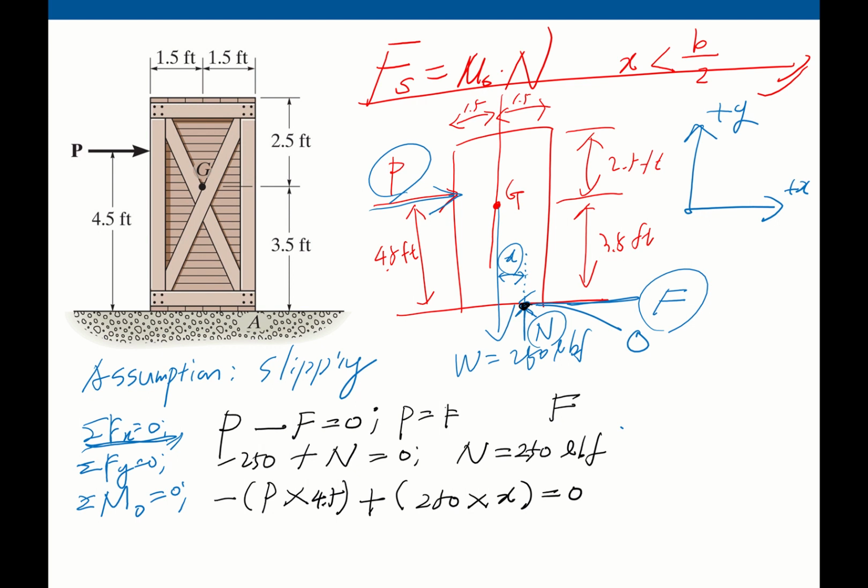Since this is impending slipping, F should be the static frictional force, which is mu s times the normal force. Mu s is 0.4 and the normal force is 250 pound force. So in this case, the frictional force is equal to 100 pound force.